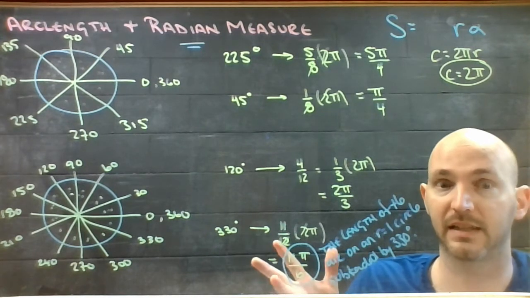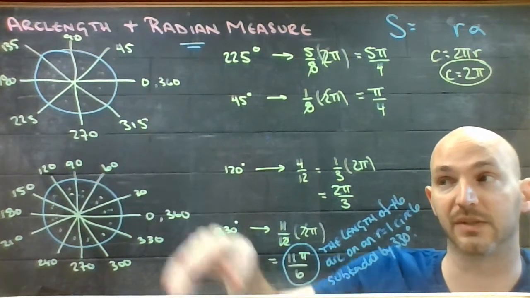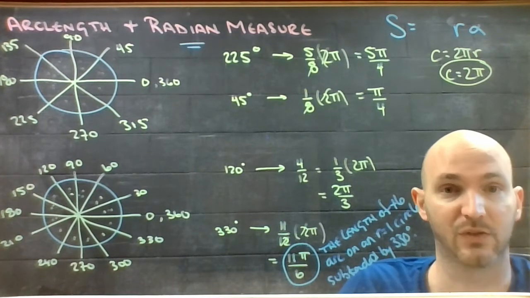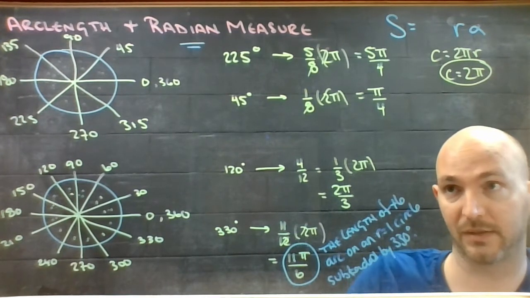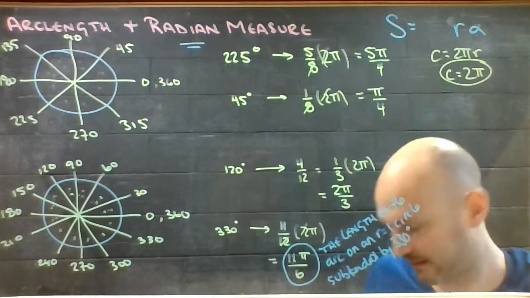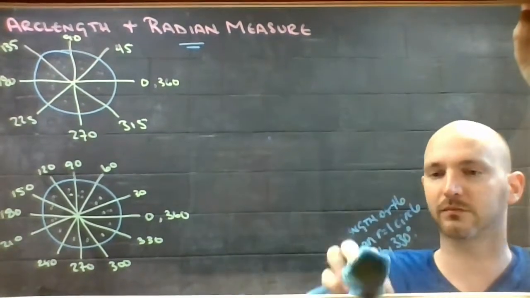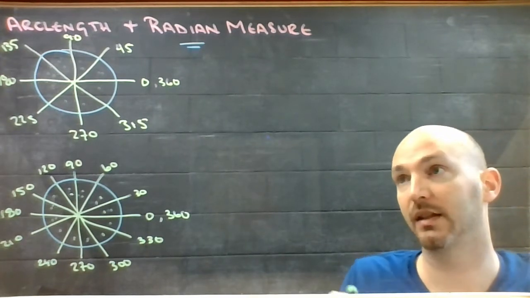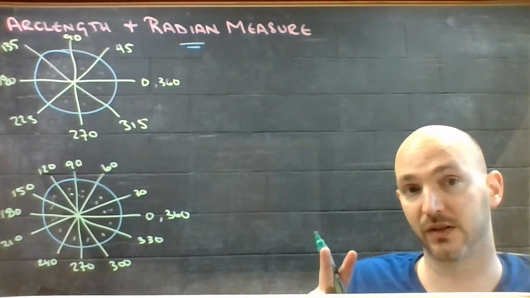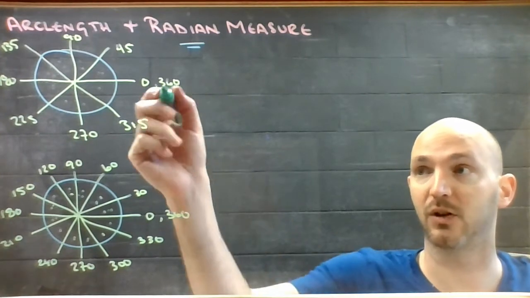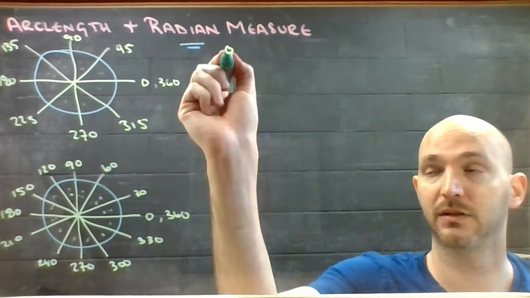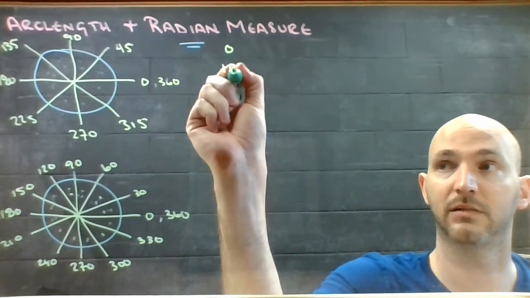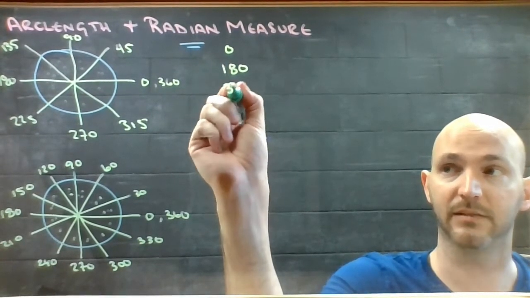So I guess basically I just need to go through and I need to identify these angles in terms of radians. So I'm going to clear this off and we're just going to make a list. Okay, so from this up there, I'm going to split the numbers into 2 different lists. I'm going to go with 0, 180, and 360.